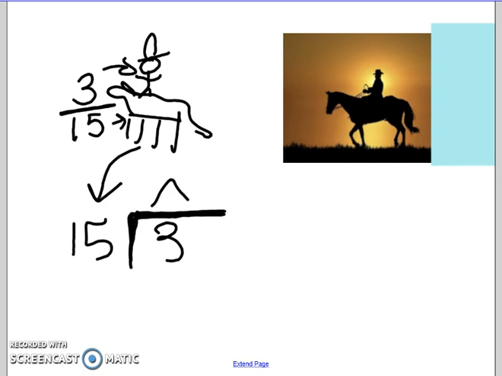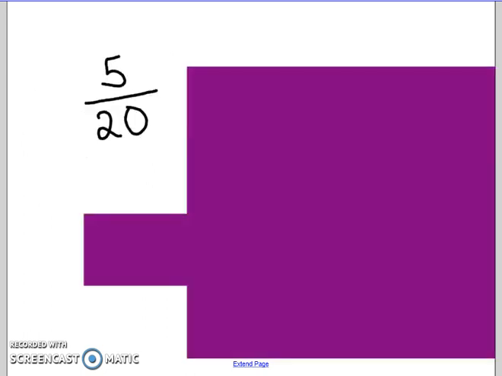Okay, so a lot of people think the bigger number has to go inside the house always, but that's not how this works. The numerator has to always go inside the house. So I say the numerator is the cowboy's name. This is Mr. Numerator. And the denominator, his horse, is on the bottom. Okay? So let's try an example of that right here.